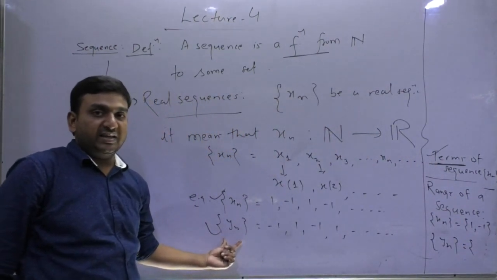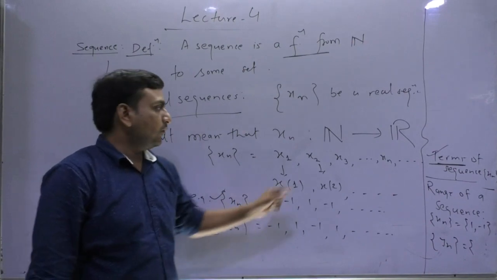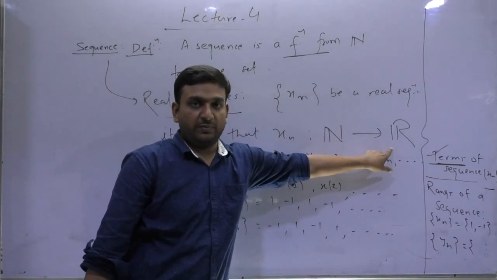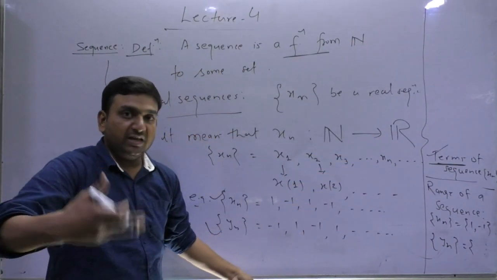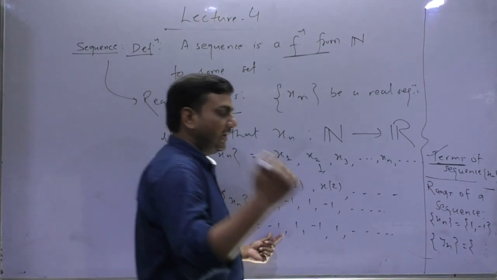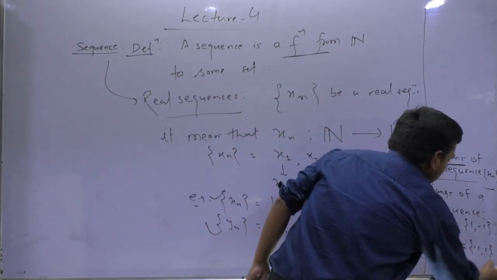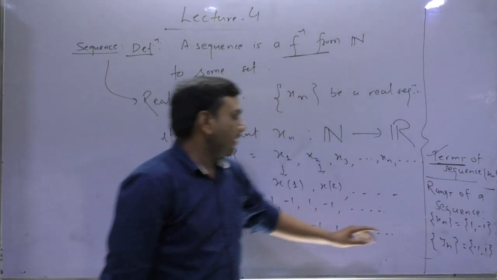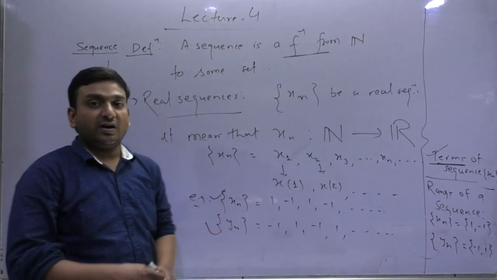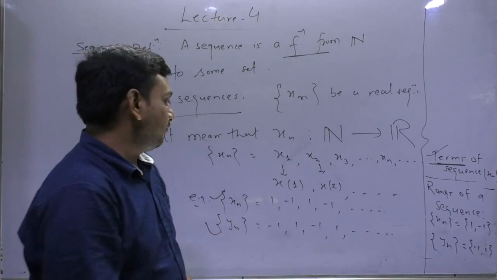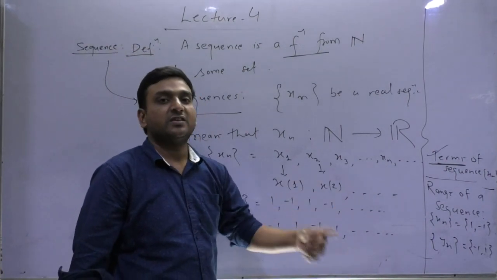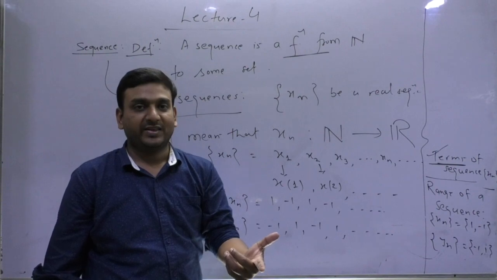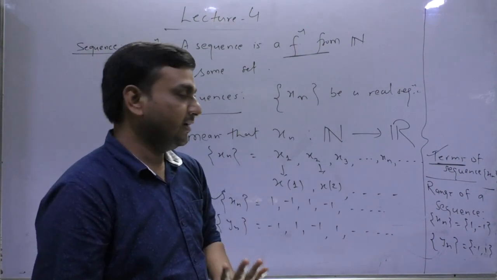Sequence yn is nothing but a function from set of natural numbers to some set. So that image set contains two elements, minus 1 and 1 only. So what we can say here, these sequences are different but their range is same. Am I clear now? Everyone?